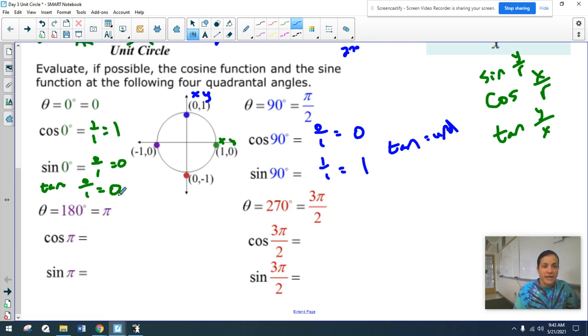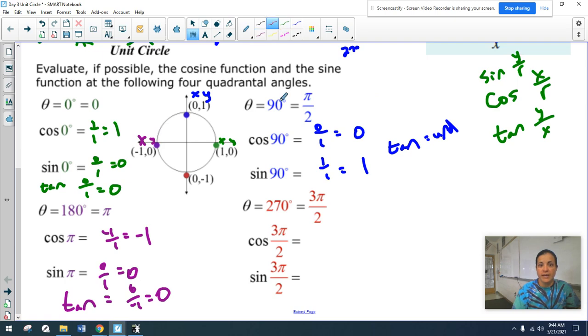Okay, if I did the 180s, 180s are in purple. So 180s use this purple dot over here. So if I'm looking for cosine of pi or cosine of 180, I've got negative 1 over 1. If I did sine, I've got to use your y value, which is 0 over 1. And if I did tangent of pi or tangent of 180, that's going to be y over x, so 0 over 1.